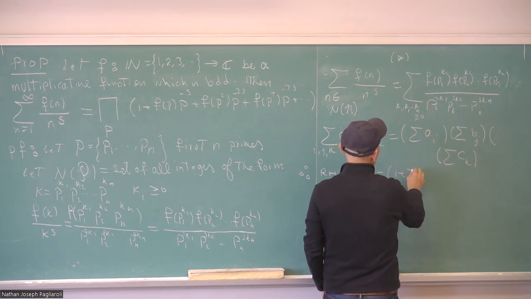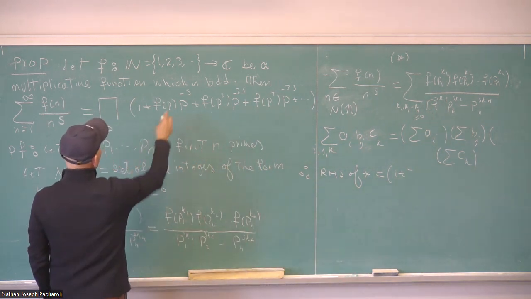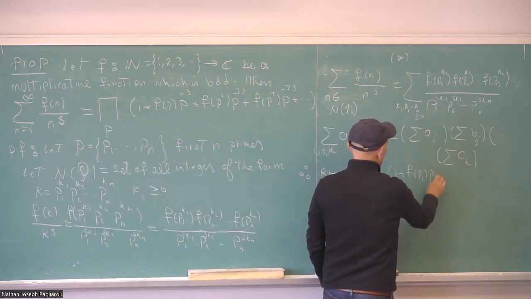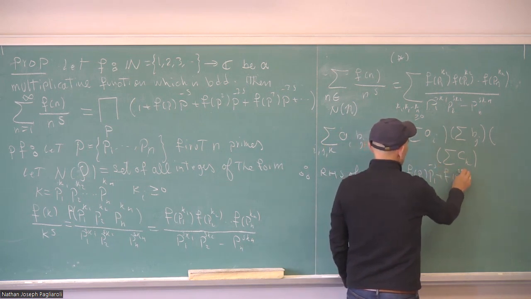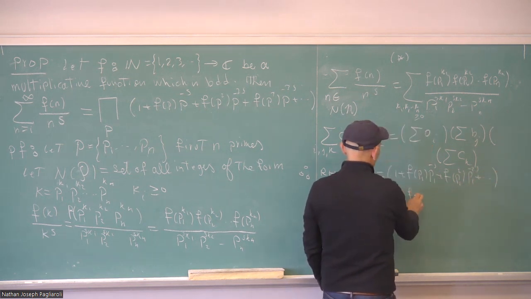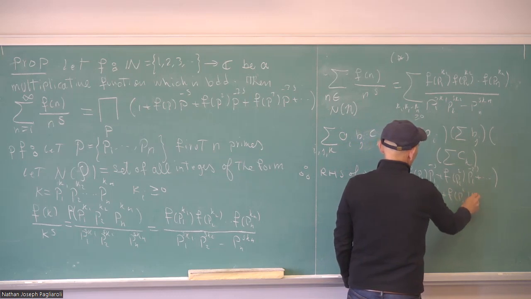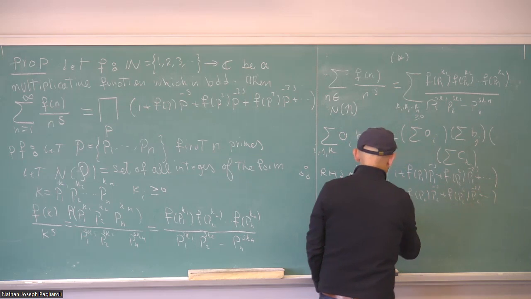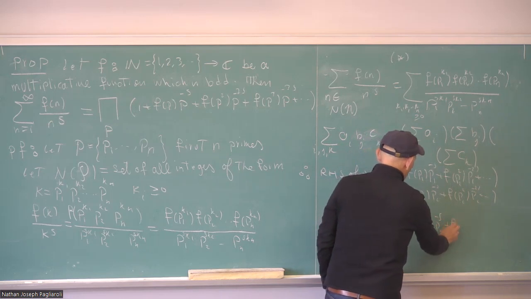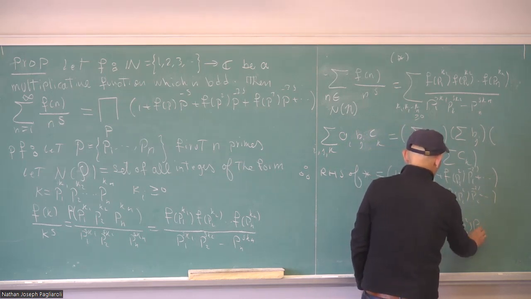You just get 1 plus f of p1 times p1 to the minus s, plus f of p1 squared times p1 to the power minus 2s, and so on, times 1 plus f of p2 times p2 to the minus s, plus f of p2 squared times p2 to the power minus 2s, and so on.